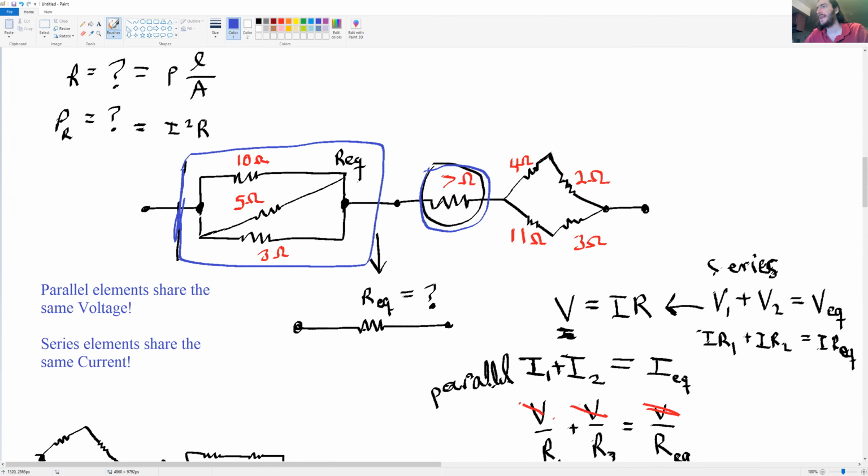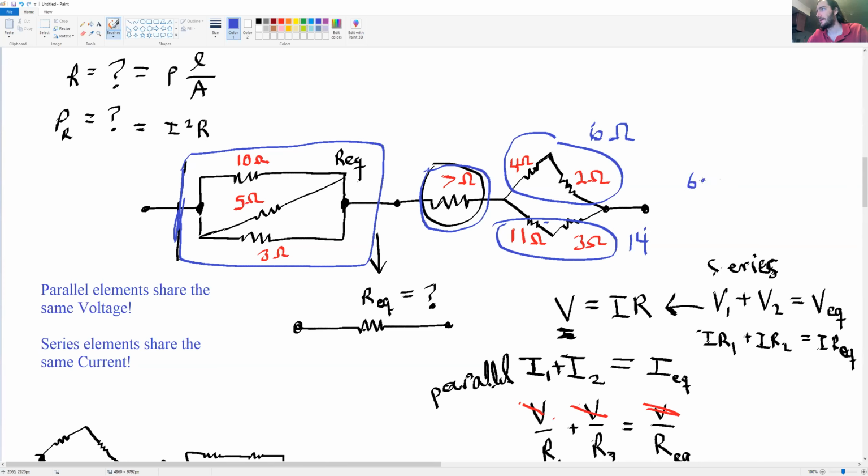Okay, once I add in 7, let me go ahead now and work on these two. These two are a 6 ohm resistor. Those guys are in series there. Okay, and we have an 11 and a 3 here. That's 14. So a 6 and a 14 in parallel is 6 times 14 divided by 6 plus 14.